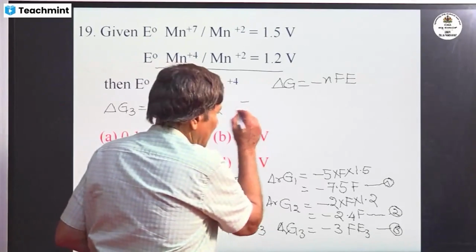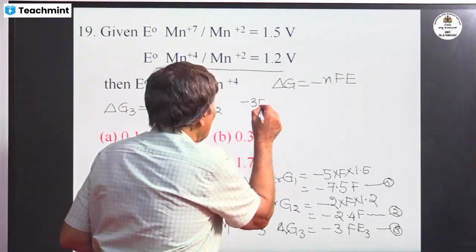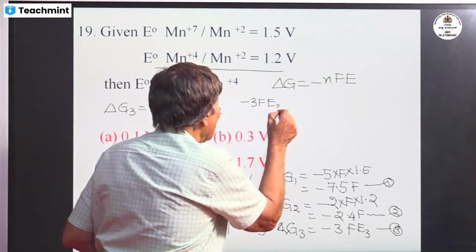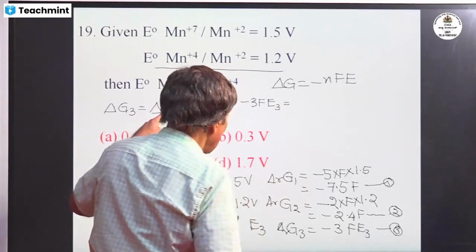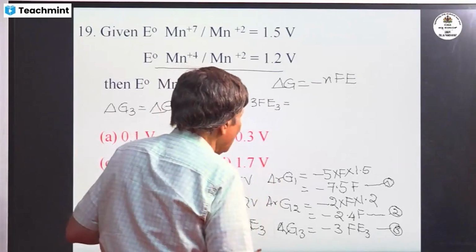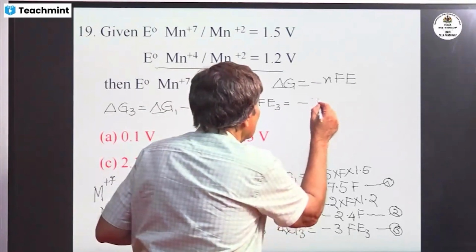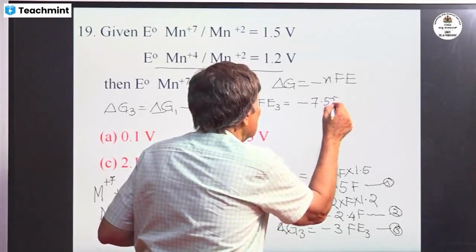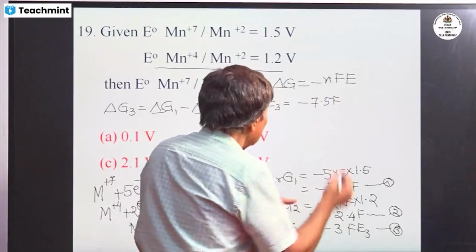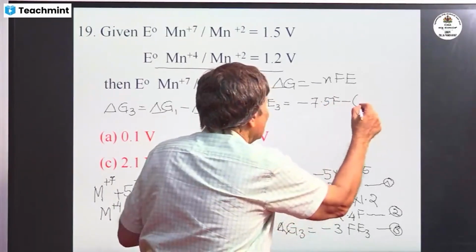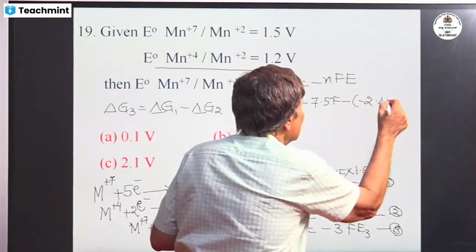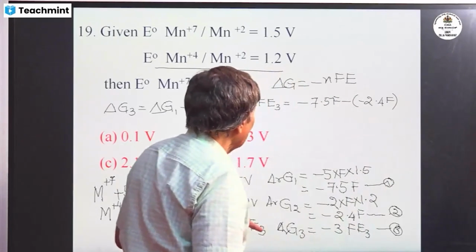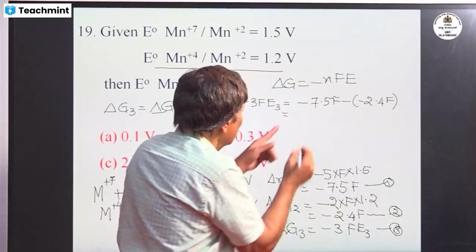Minus 3FE3 is equal to delta G1, how much did you get? Minus 7.5F, minus of minus 2.4F.